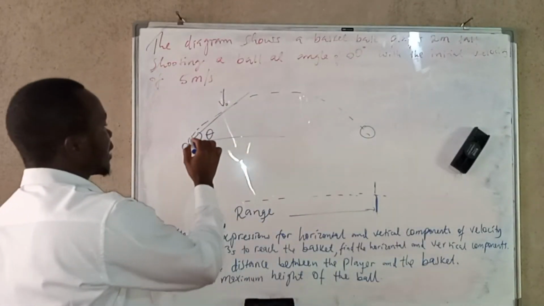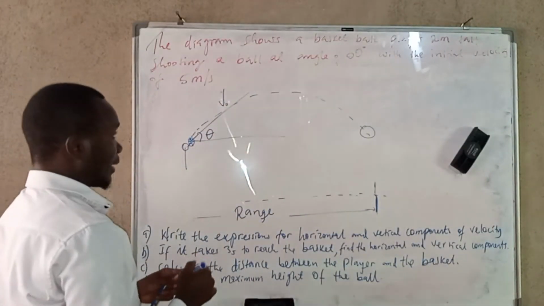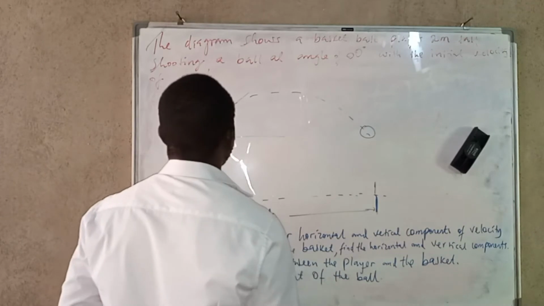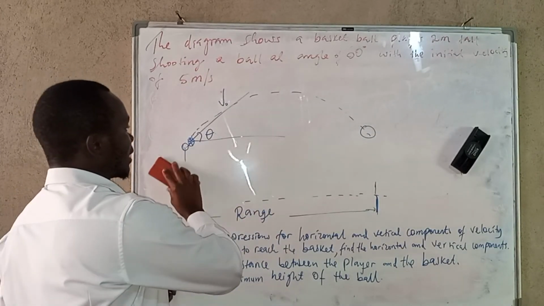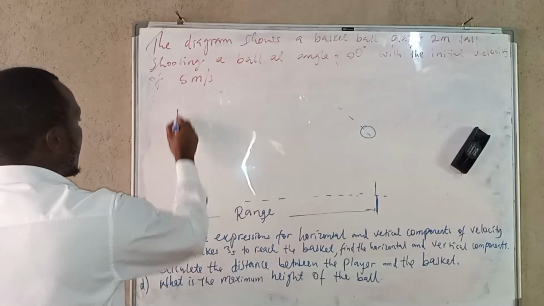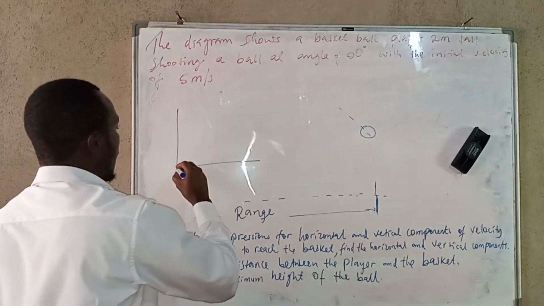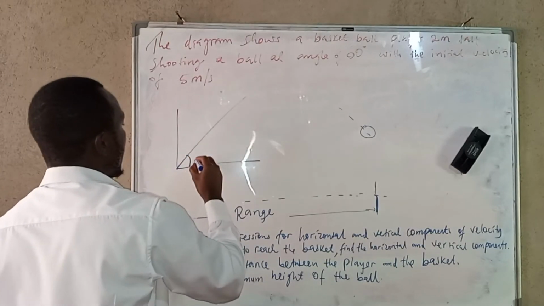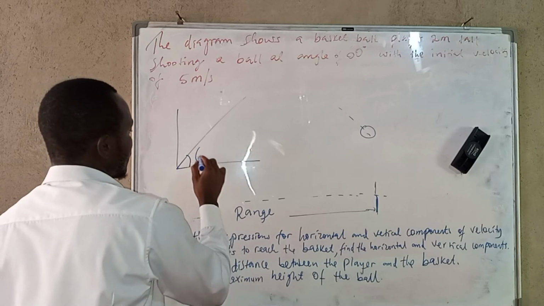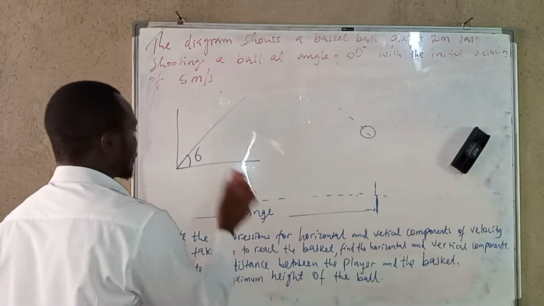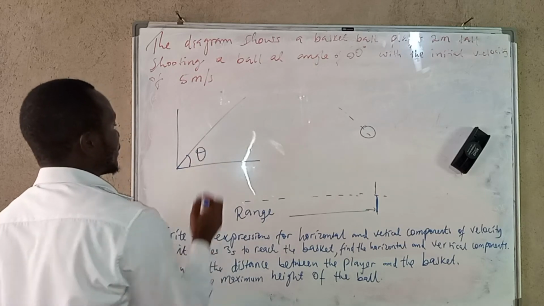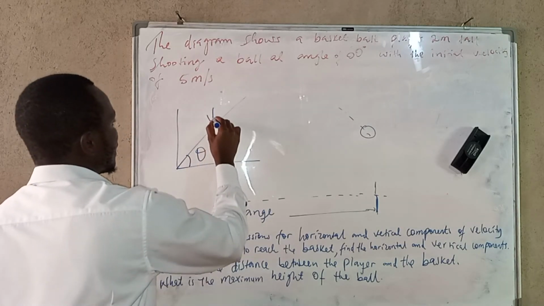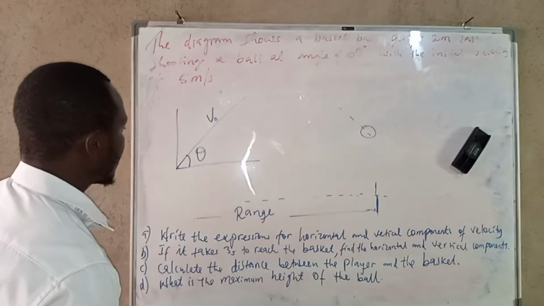Now the angle at which this was projected was 60 degrees. So let me just write it properly so that we can resolve nicely. This is the angle theta. Then this is the initial velocity.